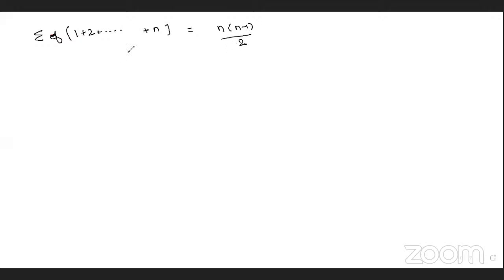That formula I am writing for n minus 1. The sum of 1 plus 2 plus so on up to n minus 1, in place of n I write n minus 1, so it is (n minus 1) into (n minus 2) by 2.